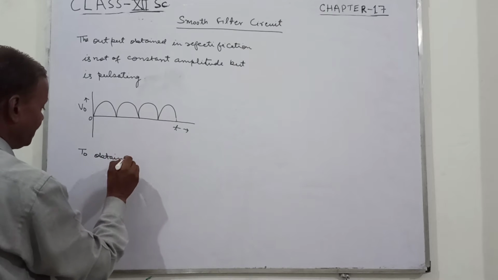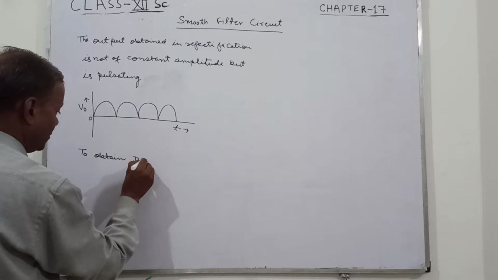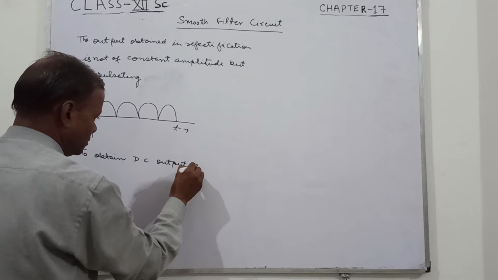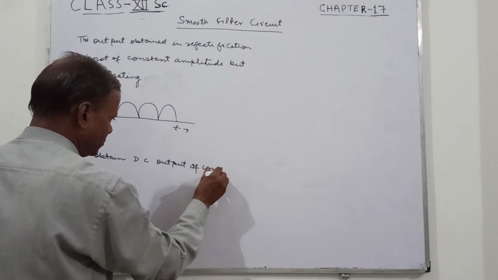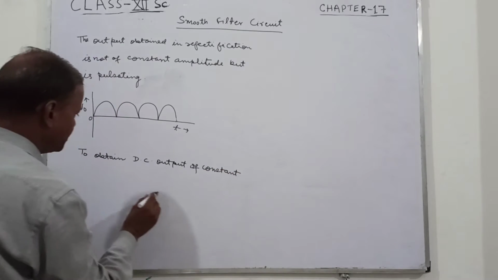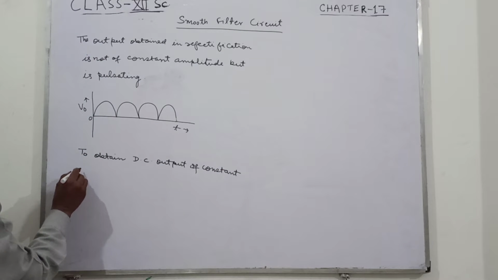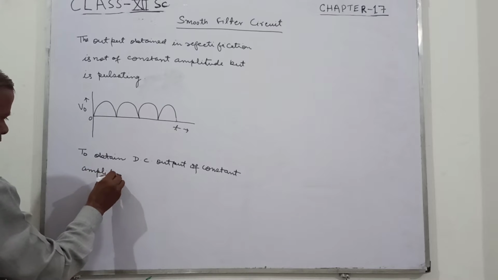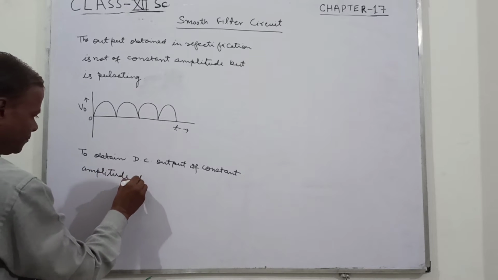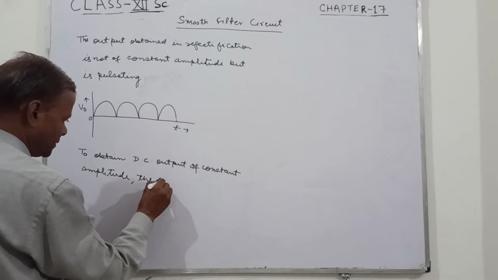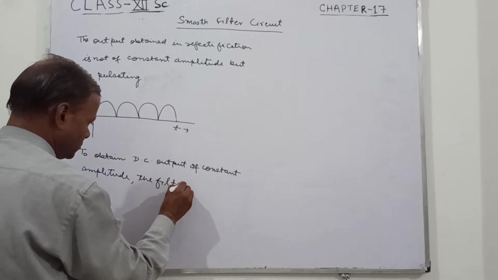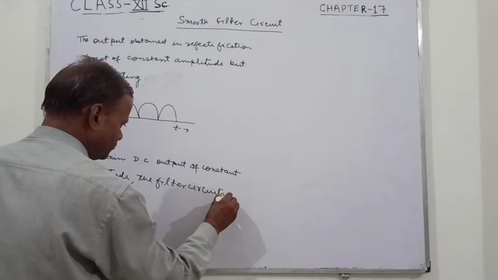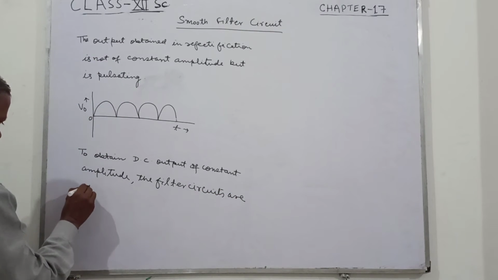To obtain DC output of constant amplitude, the filter circuits are used.